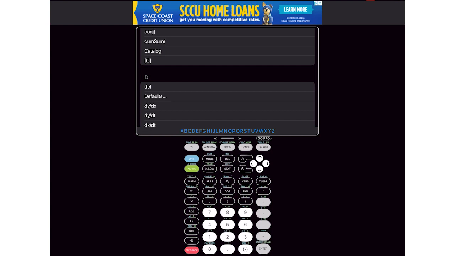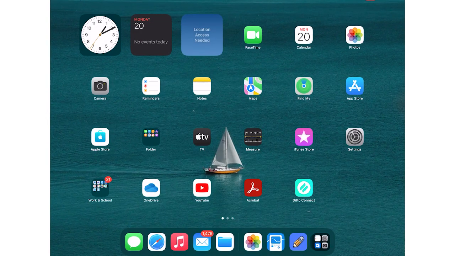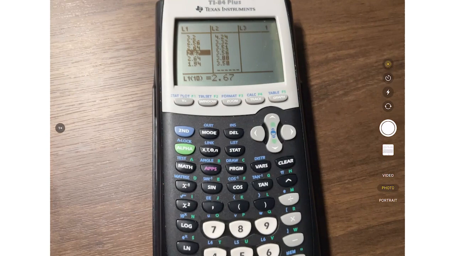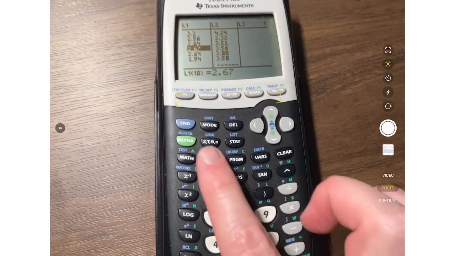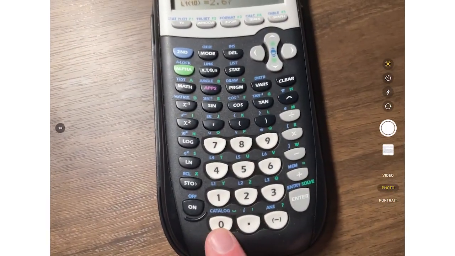Okay, so I'm going to attempt to put on my camera so that you all can see what I'm doing here. Okay, so I entered in my data. I want to turn the diagnostic on. To do that, I'm going to go to second and then catalog, where the 0 is.